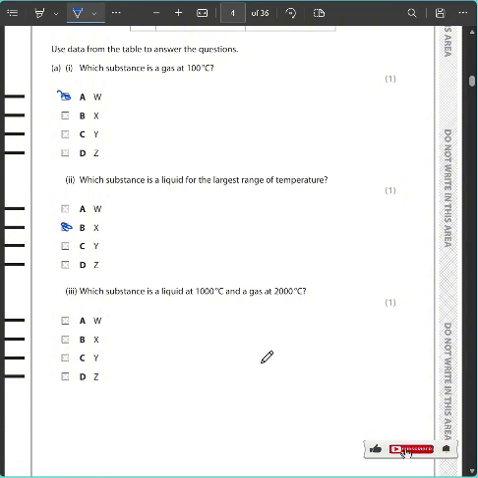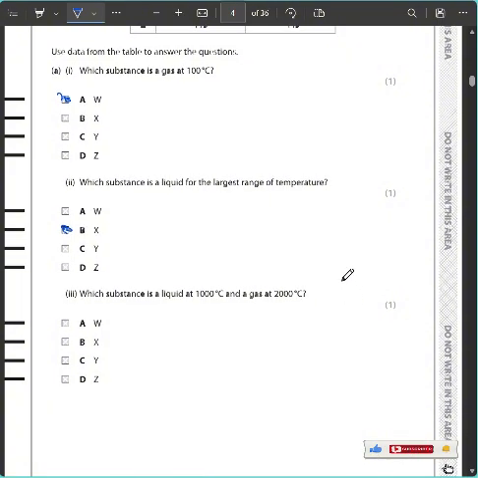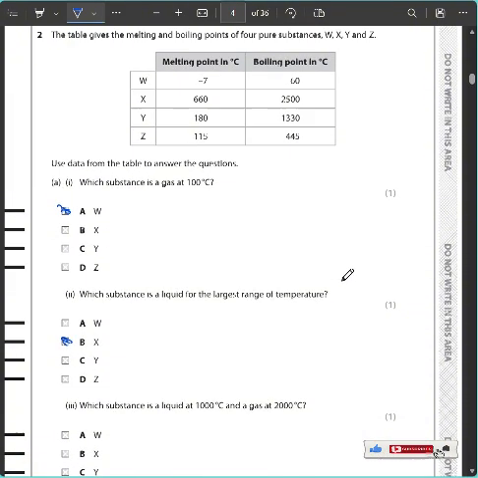Which substance is a liquid at 1000 Celsius and a gas at 2000 Celsius?